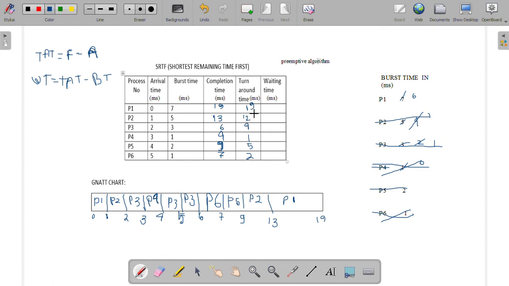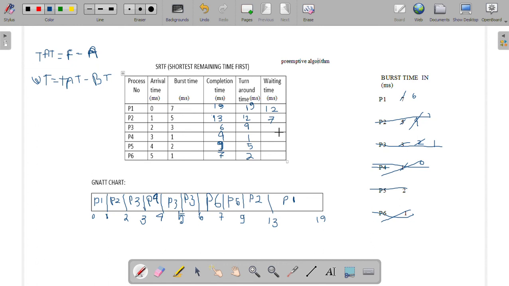So for process P1 the waiting time is 19 minus 7, that is 12. For process P2 the waiting time is 12 minus 5, that is 7.